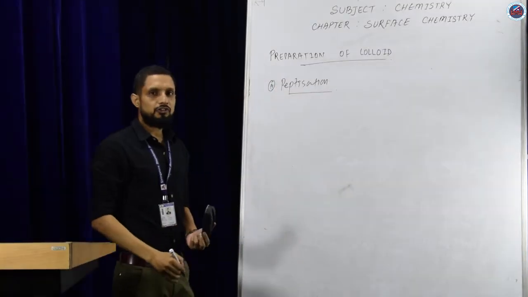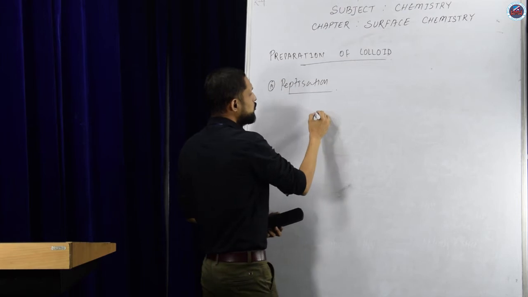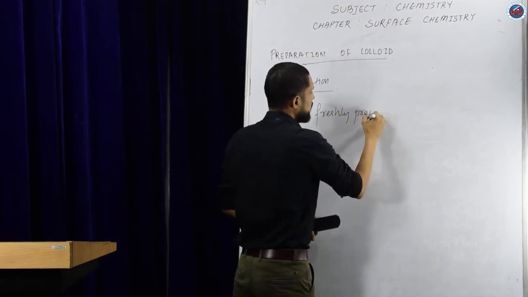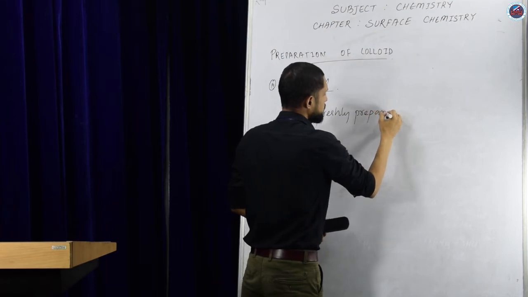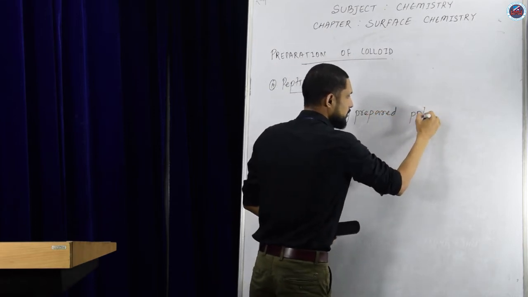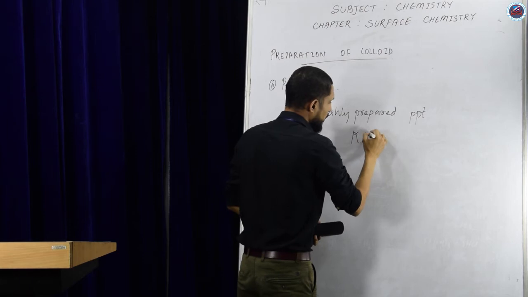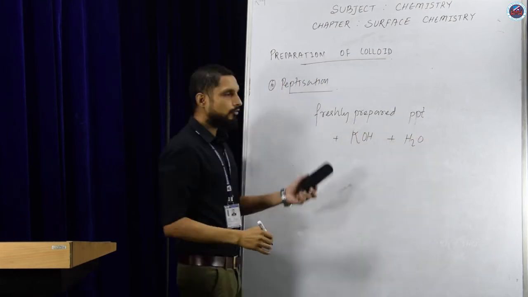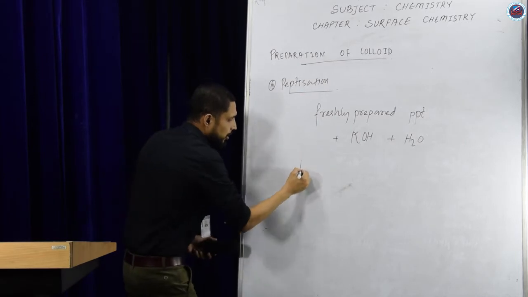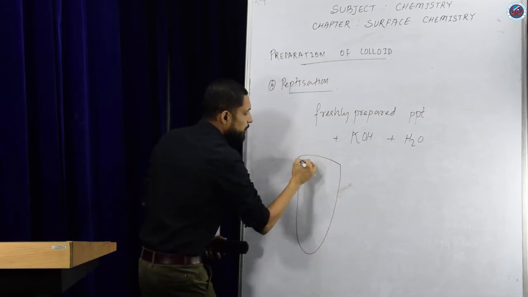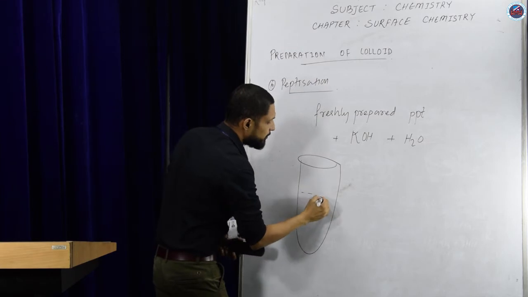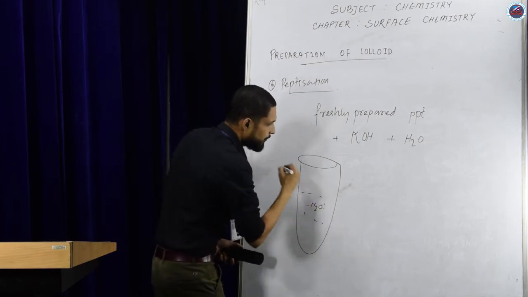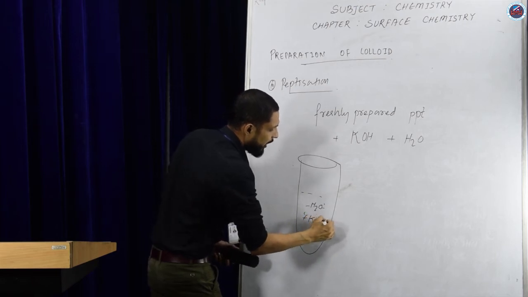Well, the next method for the preparation of colloid is peptization. In peptization method, we have to take freshly prepared precipitate, potassium hydroxide and water. This is a very simple method. In a tube, you take the freshly prepared precipitate, you take water, and you take potassium hydroxide.